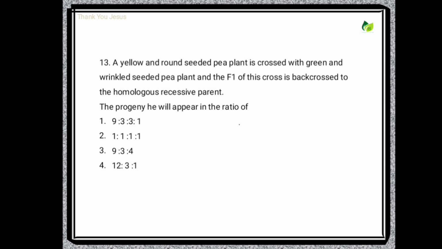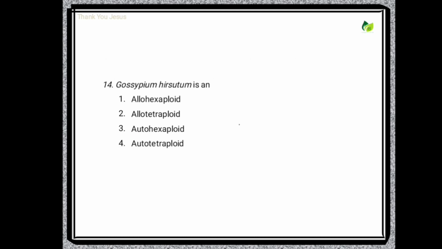So you have to remember here, when the F1 hybrid is crossed with a recessive parent, the cross is called a test cross. So the ratio of a dihybrid test cross will always be 1:1:1:1. Okay. So let's see the next question.